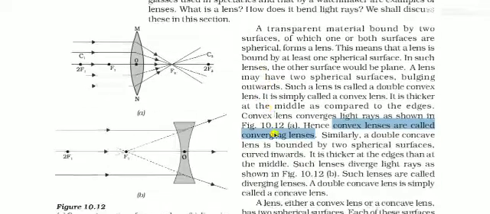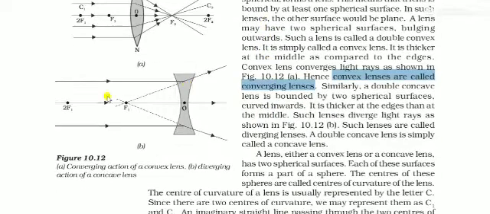Now come to the next lens, that is the concave lens. See, this is a concave lens, so it is thicker at the edges than at the middle. At the edges it is thicker and at the middle it is slightly less as compared to the edges. So this concave lens is also called a diverging lens.